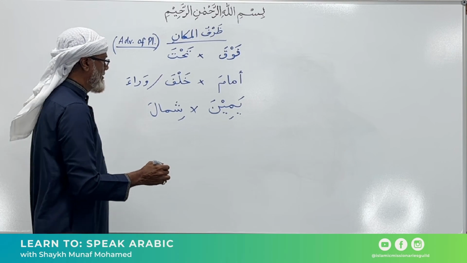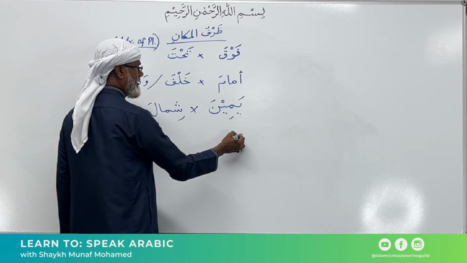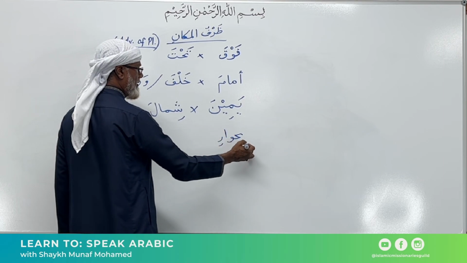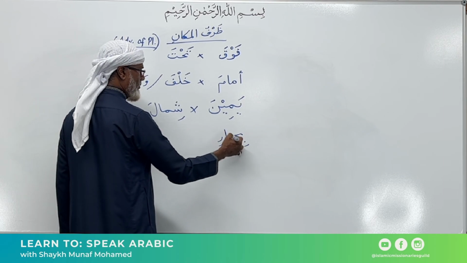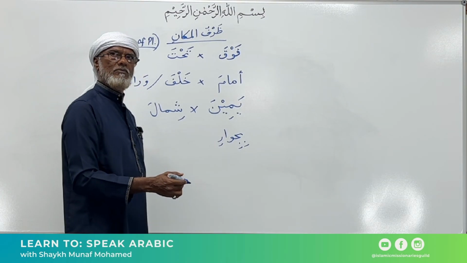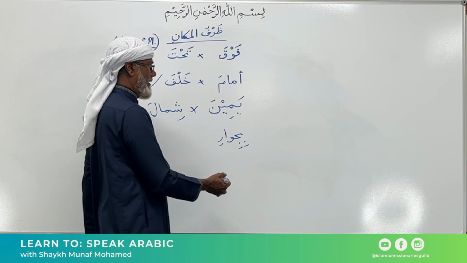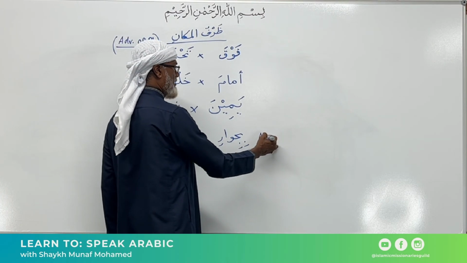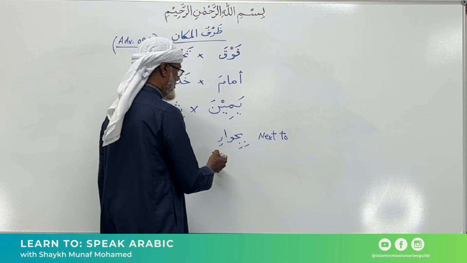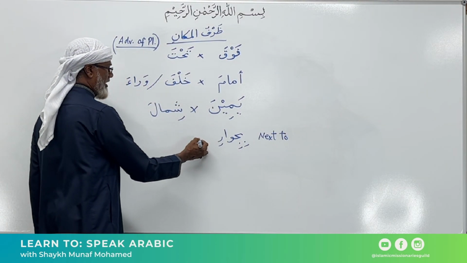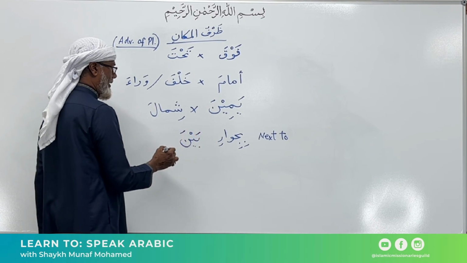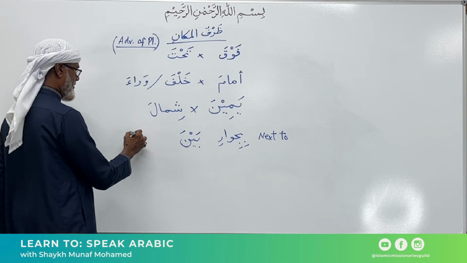Then you could also have بجوارِ. بجوار means next to or neighboring to. You could also have بين. بين could mean between.